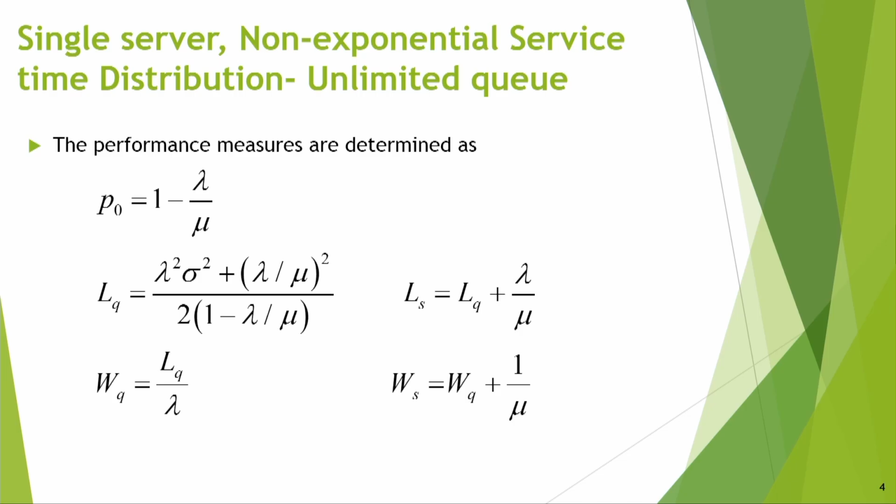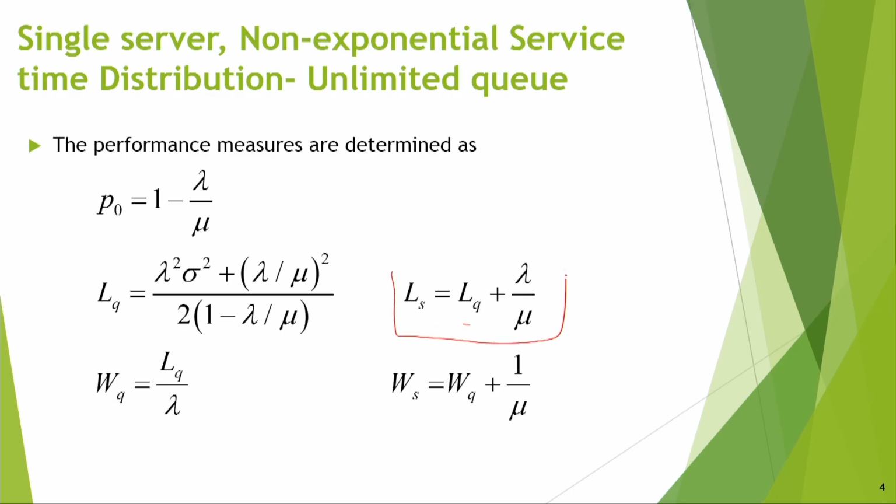It was in the other case also, that means exponential service time distribution also, but the LQ formula is different. LQ is equal to lambda square sigma square plus (lambda by mu) whole square, divided by 2 times (1 minus lambda by mu), where lambda is the arrival rate and sigma is the standard deviation of the service. And LS is equal to LQ plus lambda by mu.